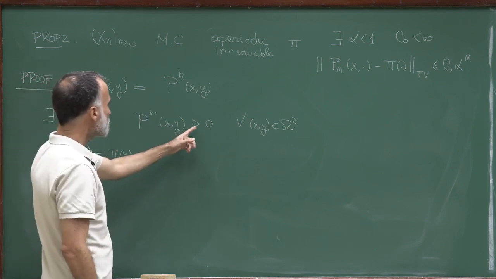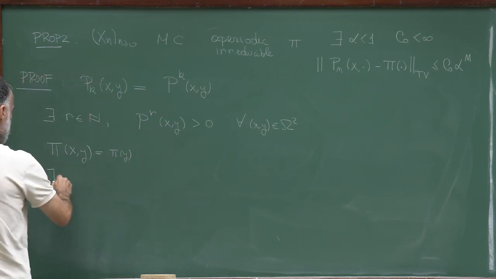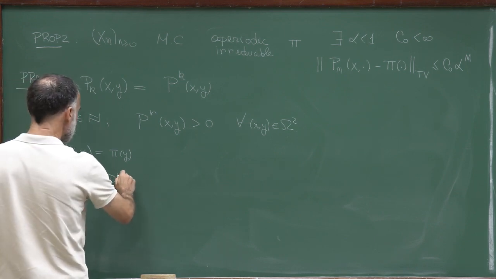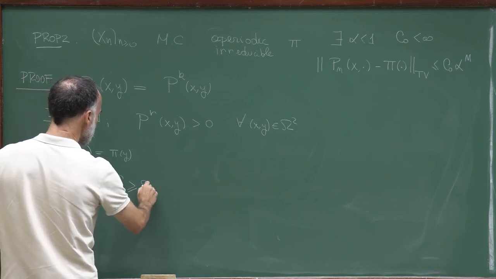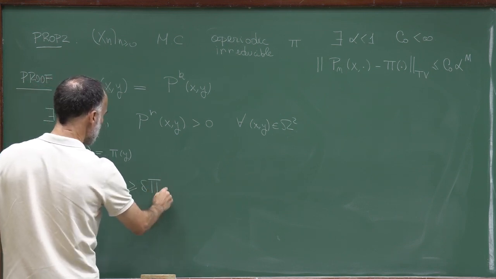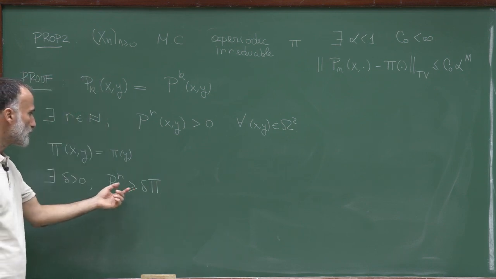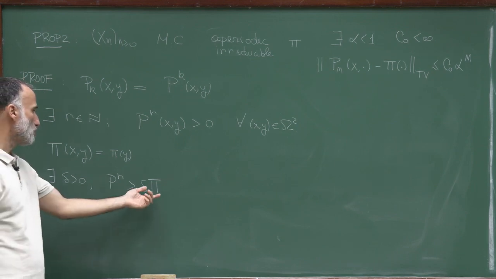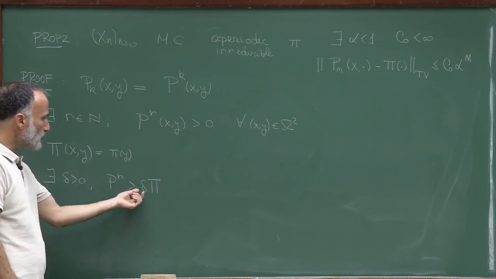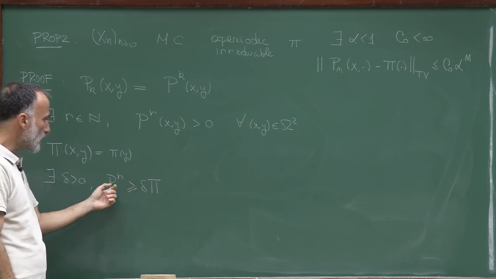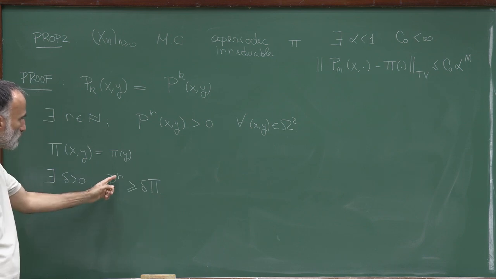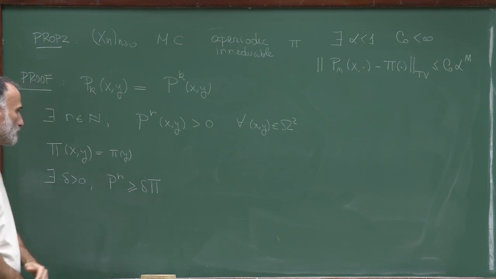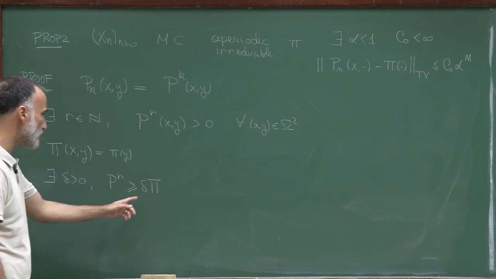So since this is strictly positive, what you see is that you can get a positive delta such that P^r is strictly larger than delta Pi. You can adjust delta, so this is a strictly positive matrix. Pi is a bounded matrix. So if you take delta sufficiently small, you'll have this inequality, which means that delta Pi(x,y) is less or equal than P^r(x,y) for all x, y. So there exists such a delta.